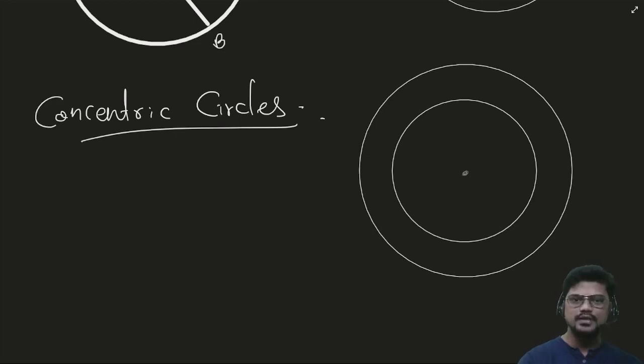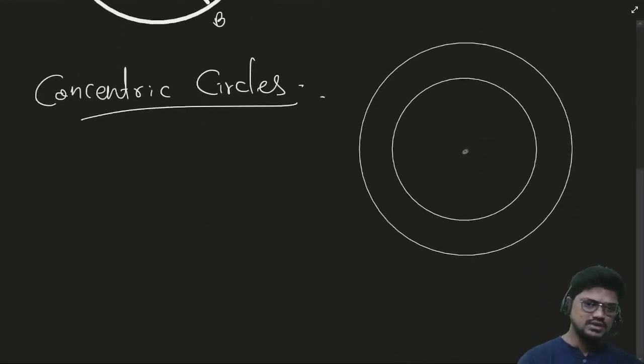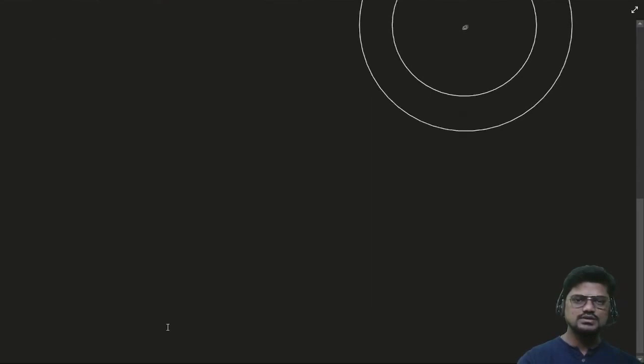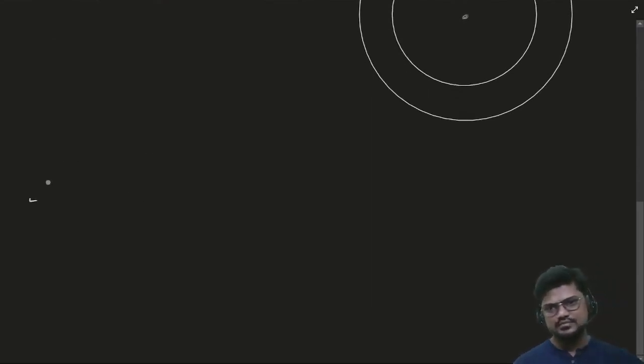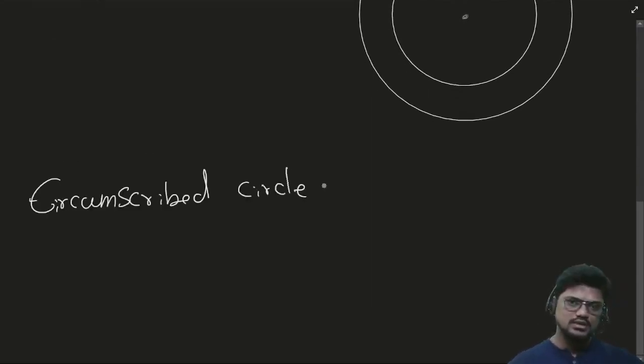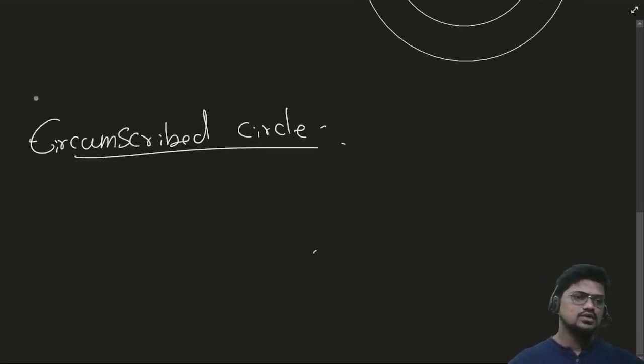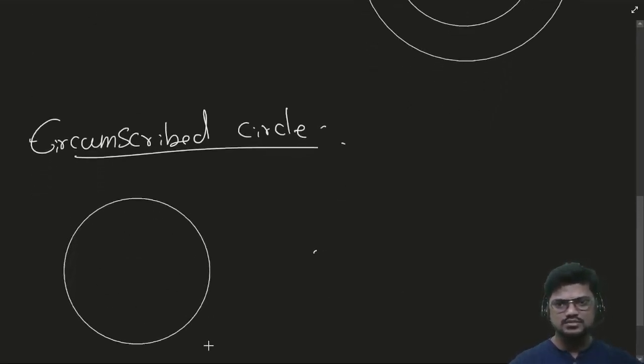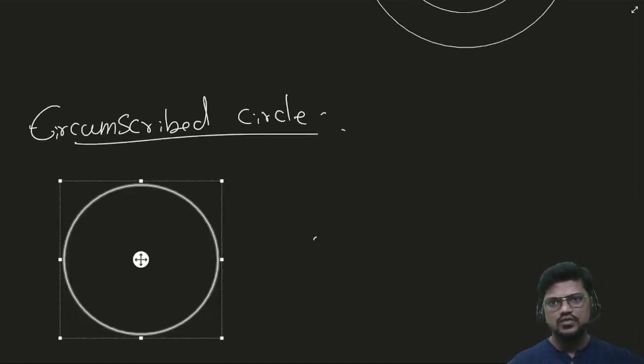Okay, this is your concentric circles, and the equal circles. What is a circumscribed circle? Fine. Suppose you have a circle like this, and you have a triangle inside it.